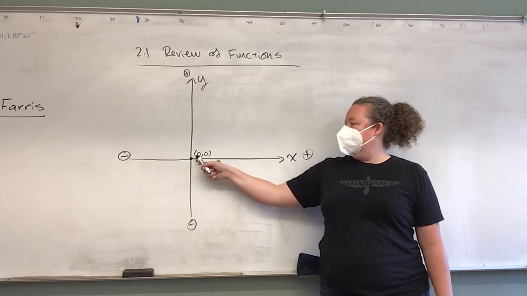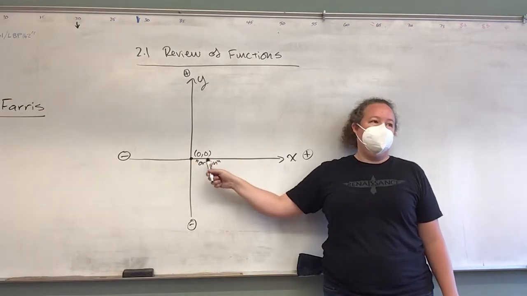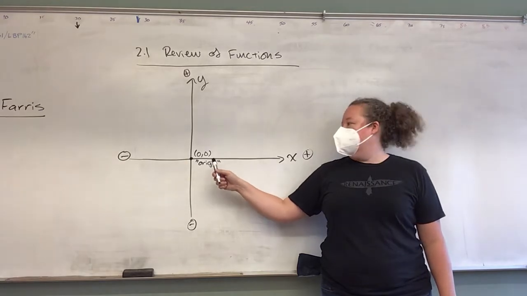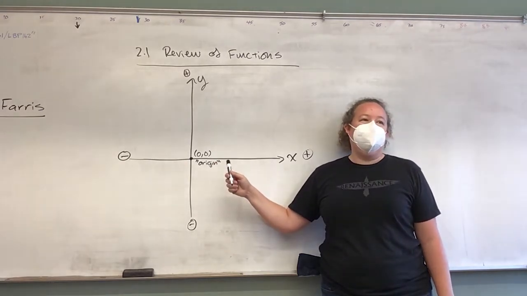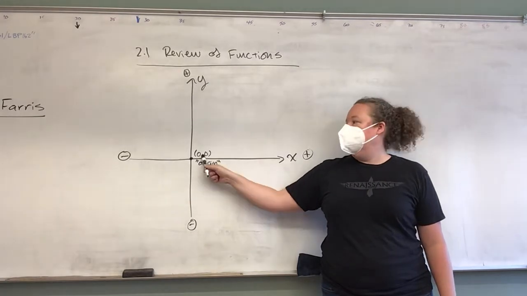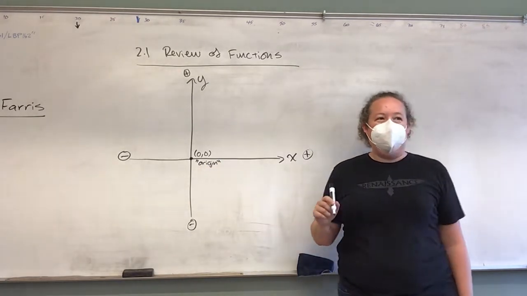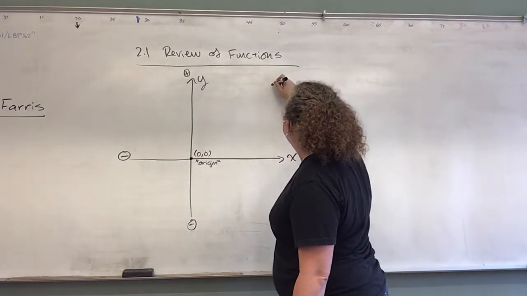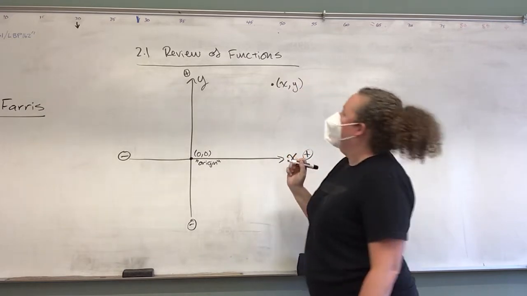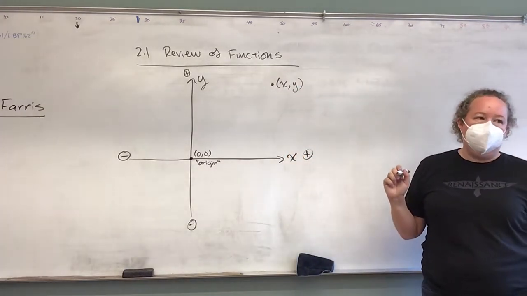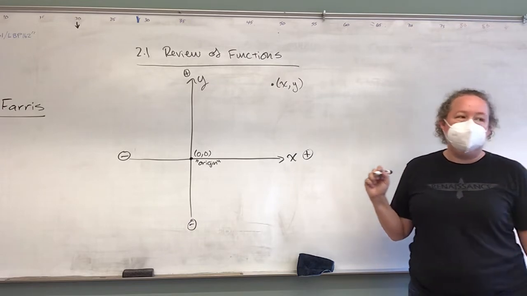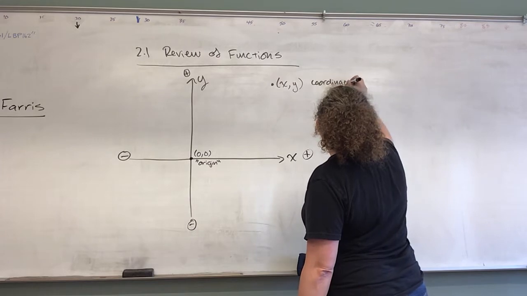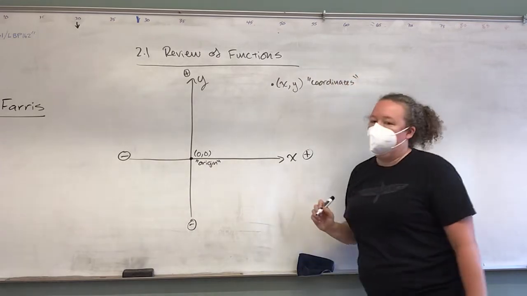What do we refer to this as? If I have an open parenthesis, a number, a comma, another number, a closed parenthesis, and it's referring to a point somewhere on the plane, what is this grouping called? Coordinates, that's right, very good. So 0, 0 is the origin. Any pair of numbers that's indicating a location on the Cartesian plane, those are its coordinates. All right.